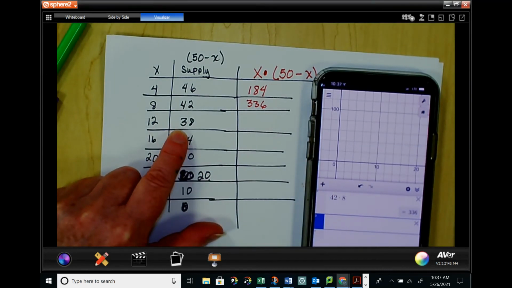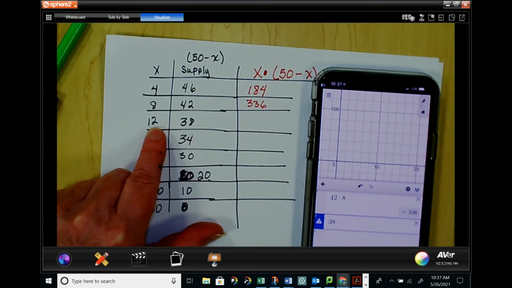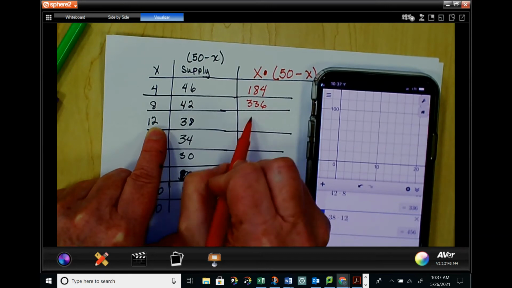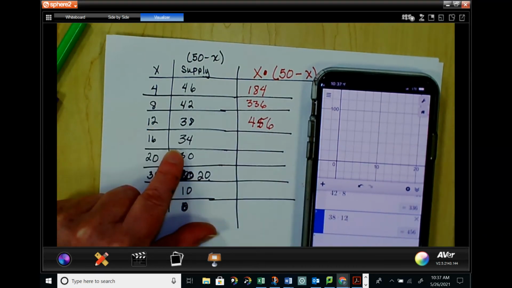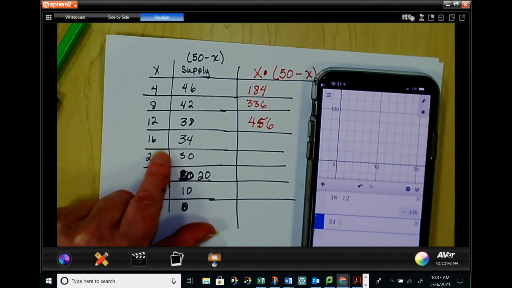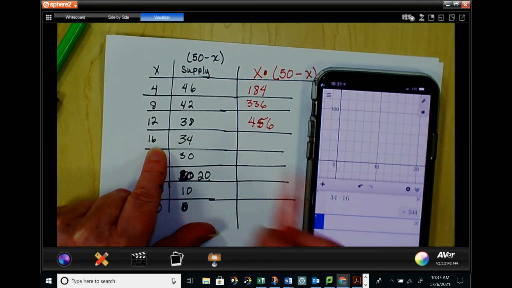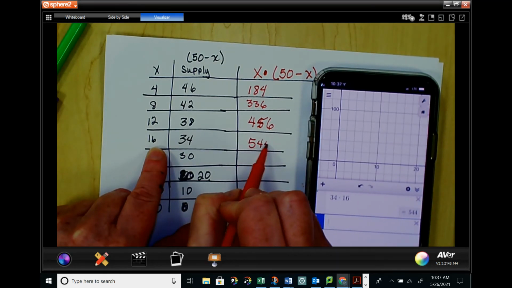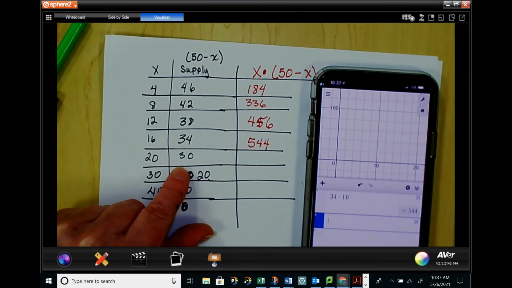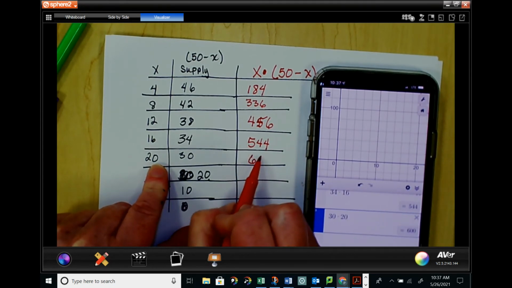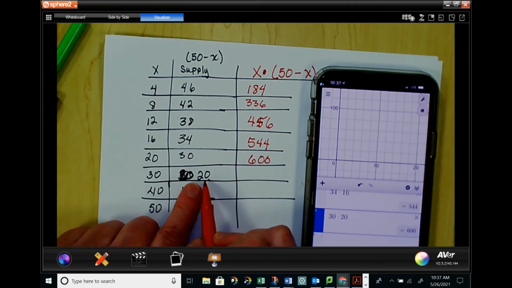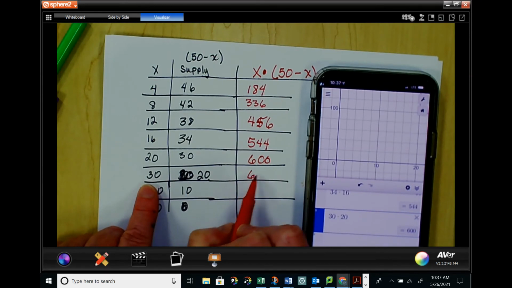Then I'm going to go 38 times 12, and I get 446, or 456, excuse me. And then 34 times 16, and I get 554. Then I'm going to get 30 times 20, 600. And then 20 times 30 again is 600.